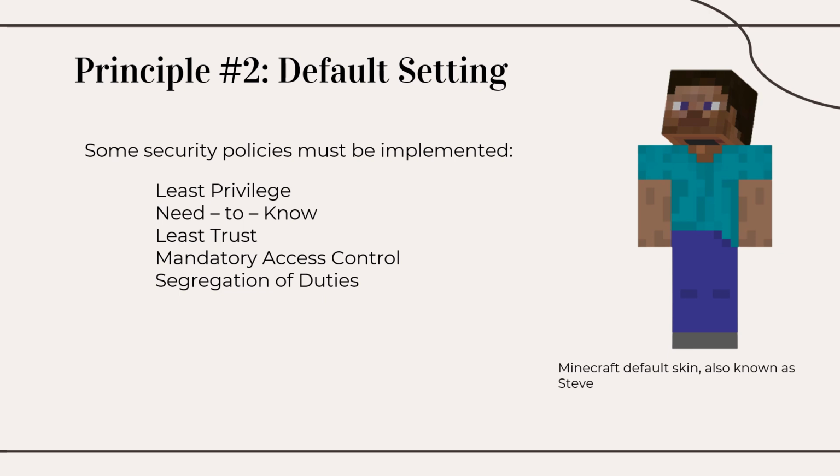Finally, there's segregation of duties. This is often used as an anti-fraud mechanism. For example, when you go to a bank, the person that takes your money can't be the same person who puts it in the vault.